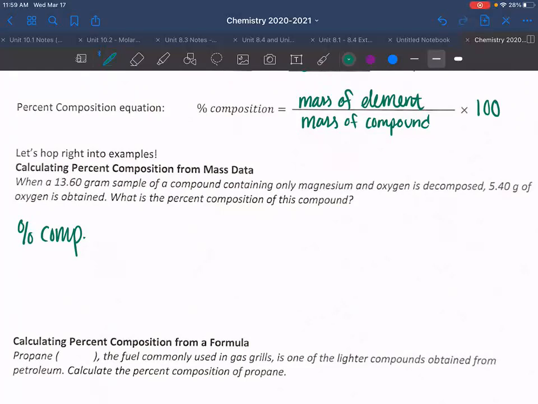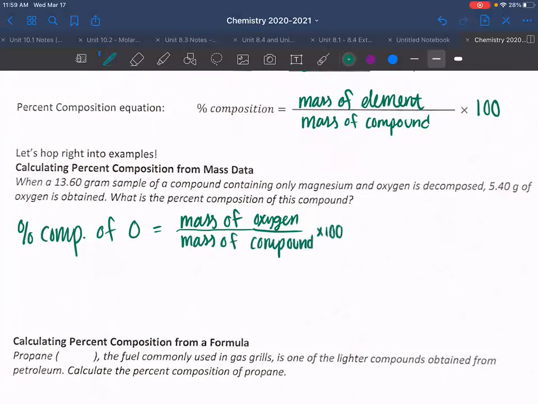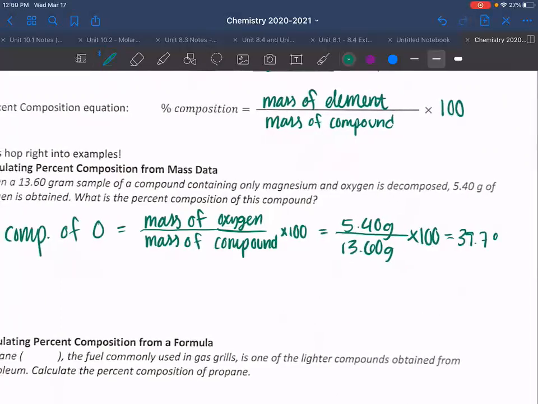So the percent composition of oxygen is going to be equal to the mass of oxygen divided by the mass of the compound times 100. What did the problem tell us that our mass of oxygen was? 5.40 grams. What was the mass of our compound? 13.60 grams. We multiply that by 100, we get 39.7% oxygen.